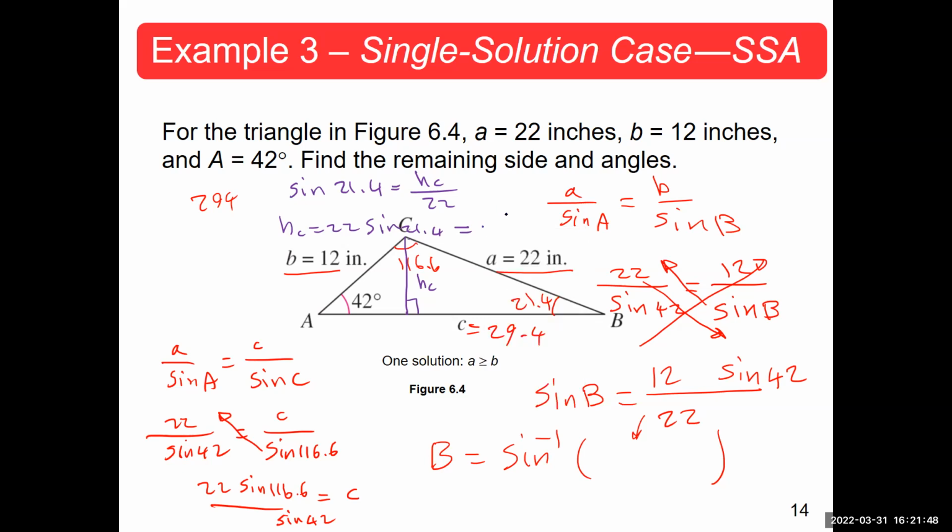Let's see. Seems high a little bit. Oh, you need to change your default to degree. There should be a button somewhere in your calculator, because you are in radian.